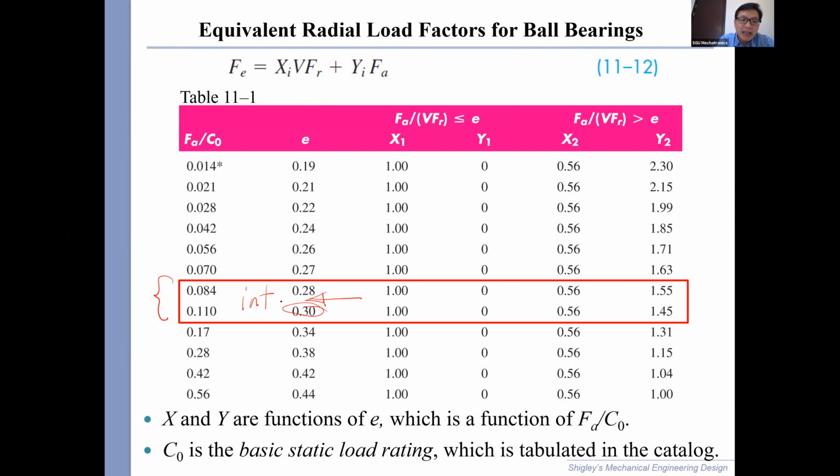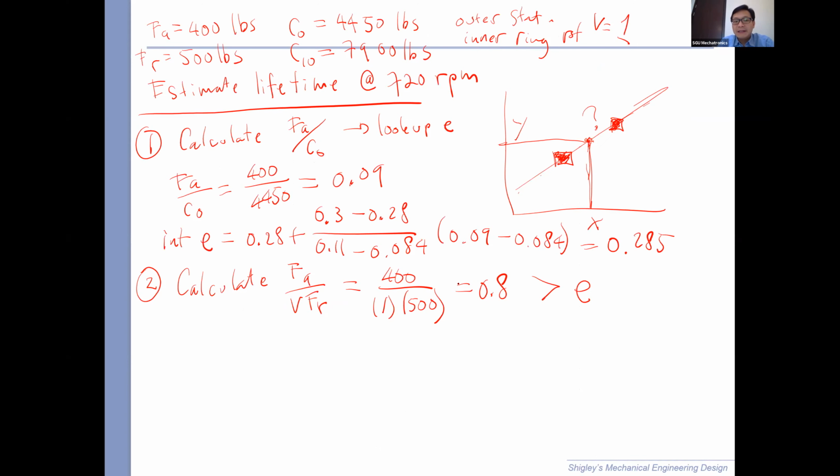Even for FA divided by C0, the largest E is 0.3, and my FA divided by V FR is definitely greater than even 0.3, so I don't need to interpolate. You can do that. Because it's greater than E, we're going to use X2, Y2 in the table.